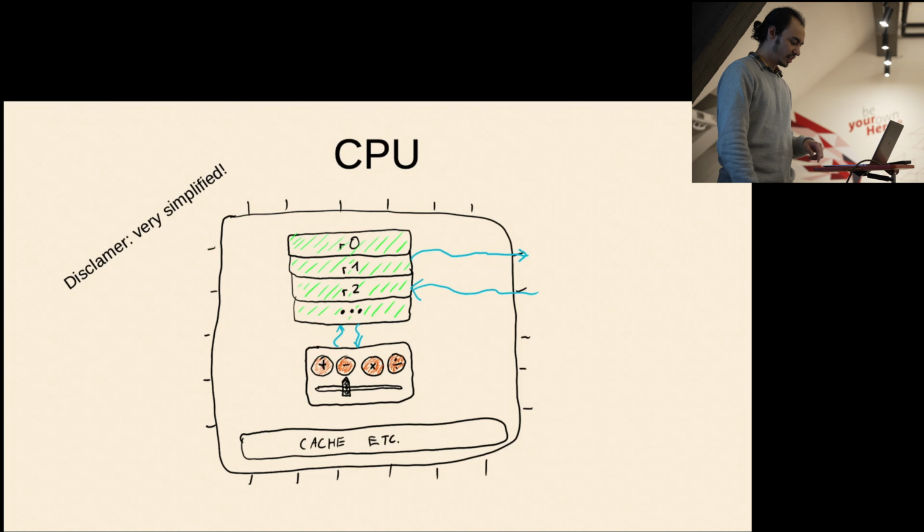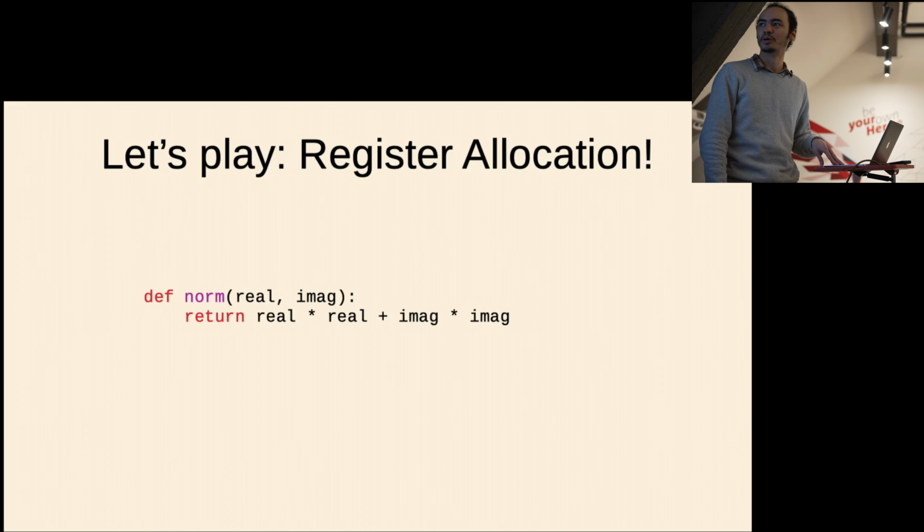But crucially, it only operates on this fixed set of registers, so it's only a finite number, it's not infinite. So let's do this ourselves. Let's take our Mandelbrot example and compile that to machine code ourselves, which means it's time to play register allocation.